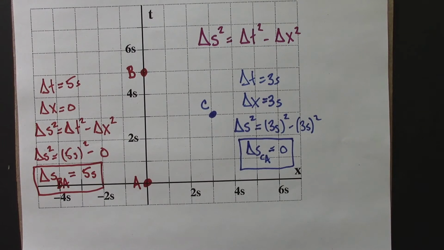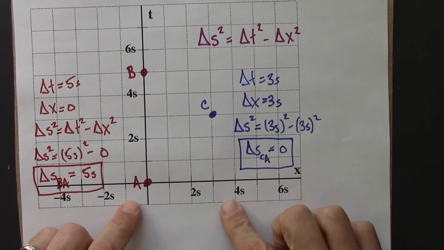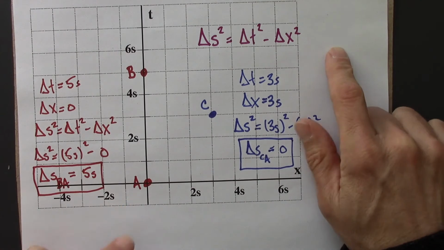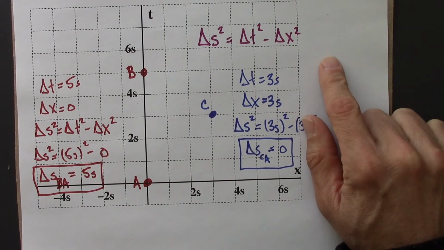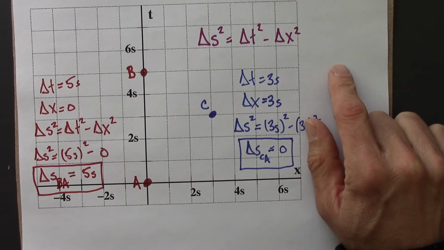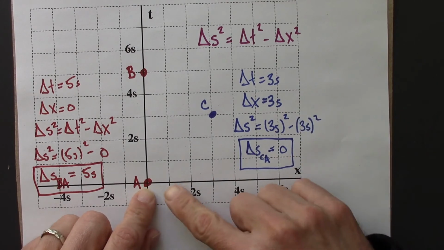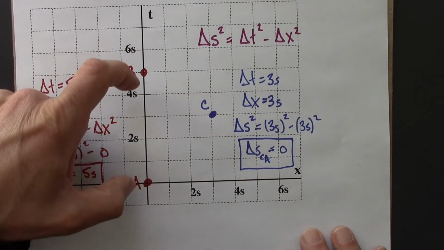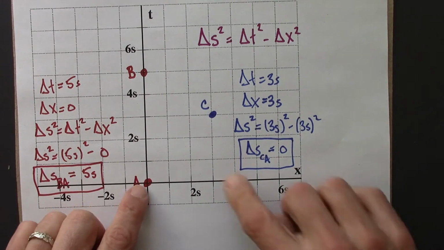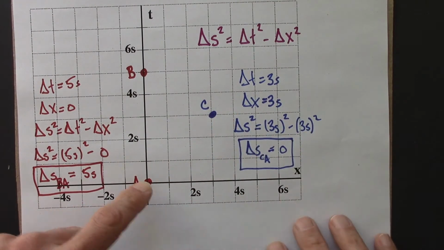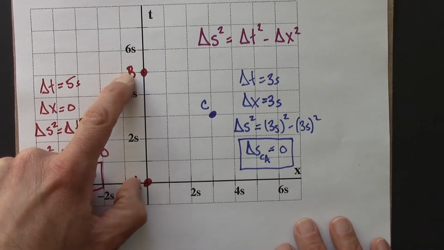All right, so what is this telling us? This is telling us that the space-time interval, which is this thing that's deeply real, that's agreed on in all inertial reference frames, is not something that we can read directly or interpret as a distance on a space-time diagram.